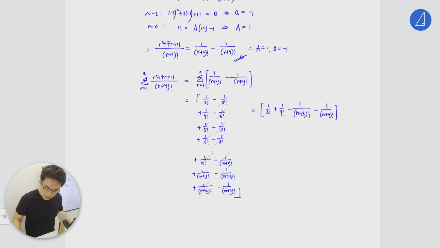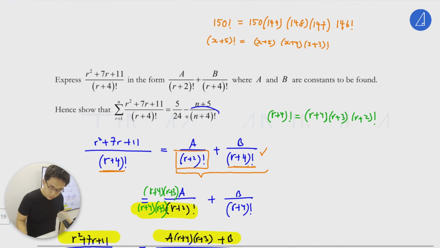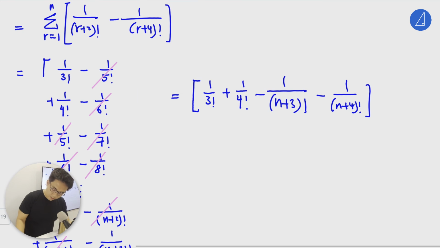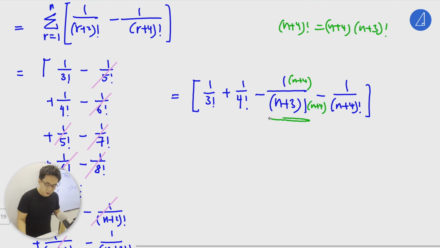Similar to what we did just now, this is only n plus 4 factorial. So in this case, we need to multiply by n plus 4 to this denominator, because n plus 4 factorial is n plus 4, n plus 3 factorial. So to change this to n plus 4 factorial, we just need to multiply by n plus 4.